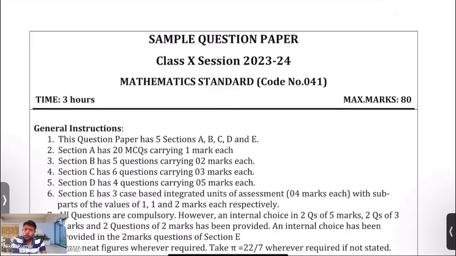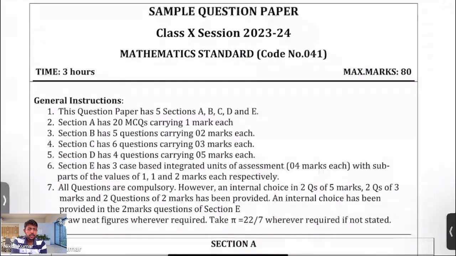Let me first walk you through the general pattern of the question paper that you're going to see in your board exams. Your board exam will have 5 sections, sections A, B, C, D, and E. Section A has all the multiple choice questions. In total, you'll have 20 multiple choice questions, and every question will contain 1 mark each.